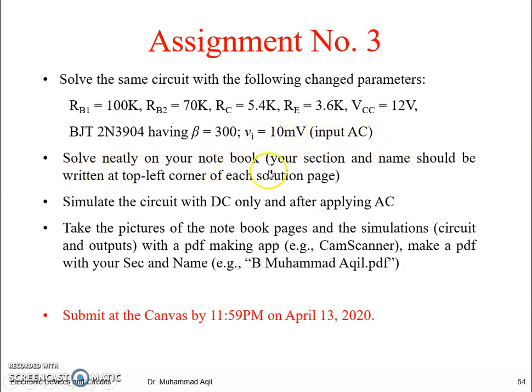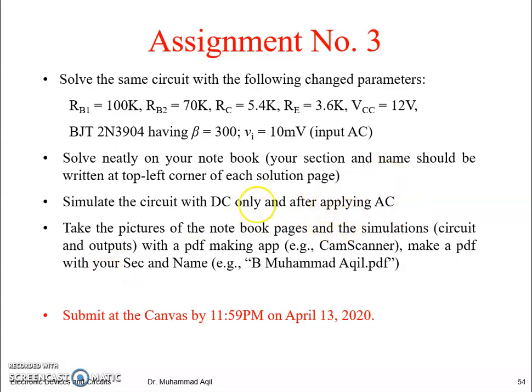Solve neatly on your notebook. Your section name should be written at the top left corner. For example, at this slide, this is the top left corner. It should be written like A or B space Muhammad Aqil on each page that you are going to solve neatly. Then simulate the circuit with DC only and after applying AC.